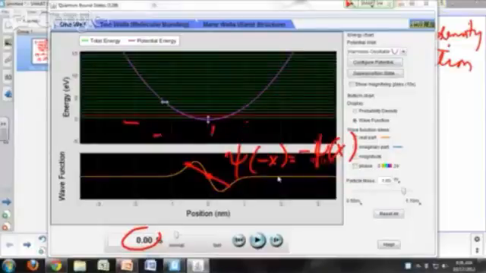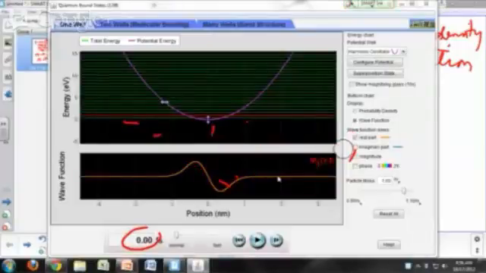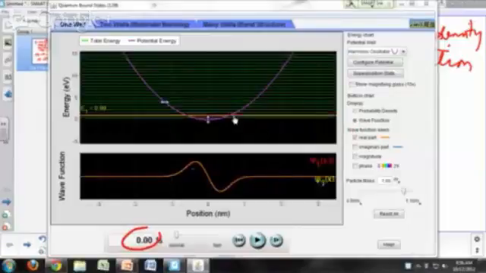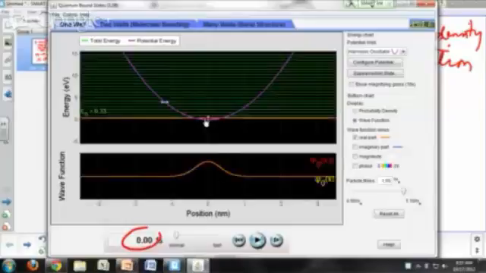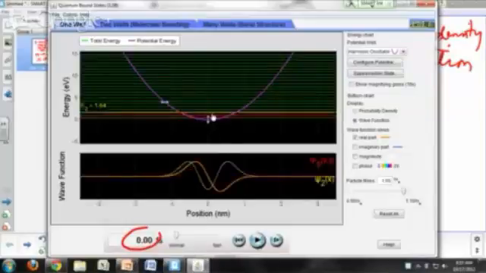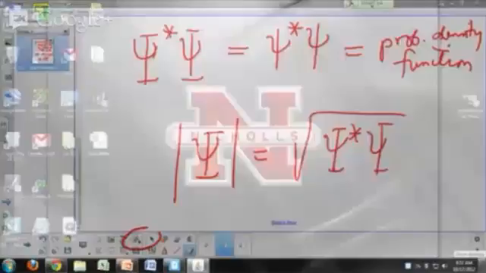What if you have v? Okay, go back to v equals 0. You'll notice your v equals 0 is symmetrical around the psi axis, the vertical axis. So you can see that that's an even function. And then for v equals 1, and then there's v equals 2. What do you notice about v equals 2?